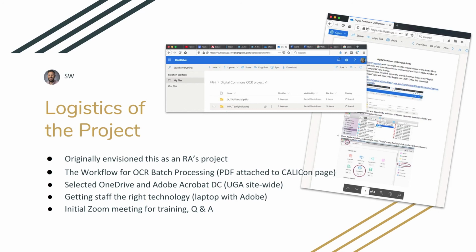And then we also ran a Zoom meeting to train them. Not that this is the most difficult task in the world, but it does require a little bit of going through the steps that are required for the project. So after all this, we started converting these files through OCR, and it's really worked great.